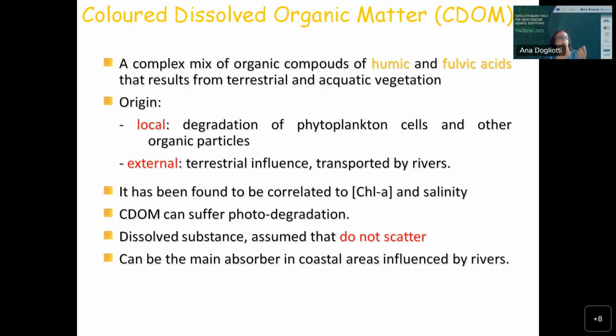It can be local or external. In the sea, we are talking now about water bodies, it can come from degradation of phytoplankton cells or other organic particles, or it can be external if it comes from a river, for example. As I mentioned, the water from the plants, when coming from the river, will usually carry substances from all the basin that has been draining the water.